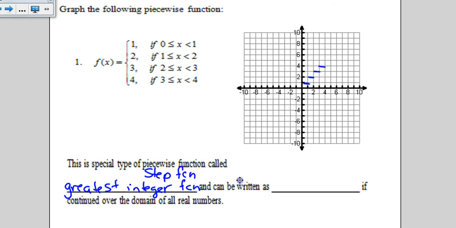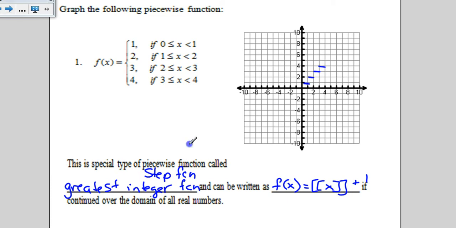This particular one would be written as f of x equals, and then his symbol is really kind of strange. It's like 2 brackets, and this one would look like that. It actually shifted up 1. We'll talk about the shifts a little later. But the step function is written with 2 brackets.